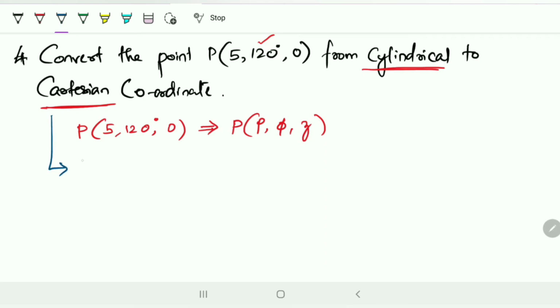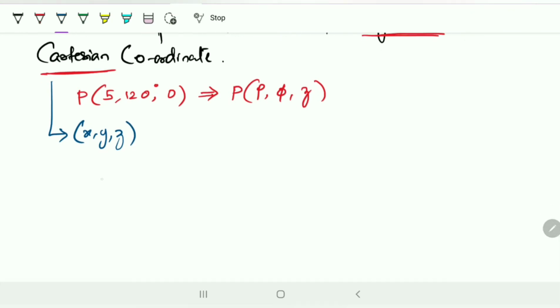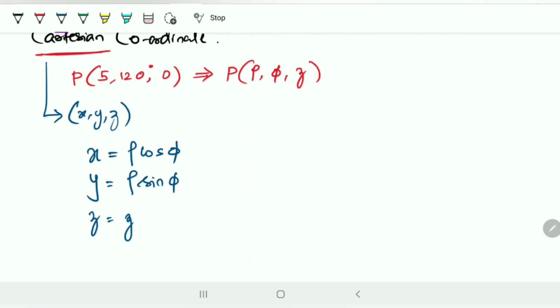We know the Cartesian coordinate system is represented as x, y and z, and now I will write the formula to represent the Cartesian coordinate system in terms of the cylindrical coordinate system. So x is given as rho cos phi, y is given as rho sin phi, and z is given as again z. Okay, now let us solve.